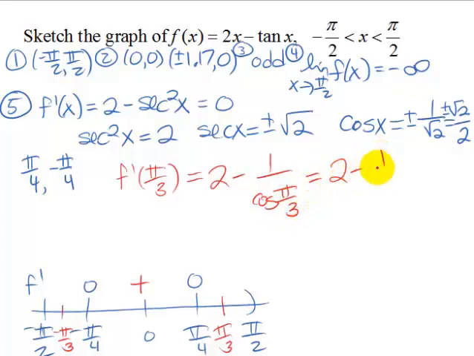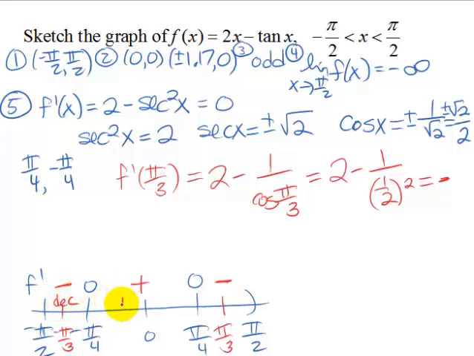So that's 2 minus 1 over, the cosine at pi thirds is 1/2, and then that is squared. So that is 1/4, but flipped over is 4, and 2 minus 4 is negative. We just need to know that it's negative. So it's also going to be negative over here.